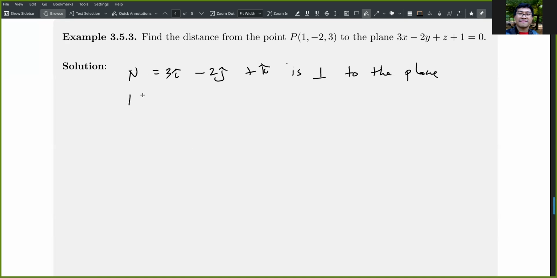Here, if we take the magnitude, that's 3 squared plus negative 2 squared plus 1 squared, that's square root of 14.